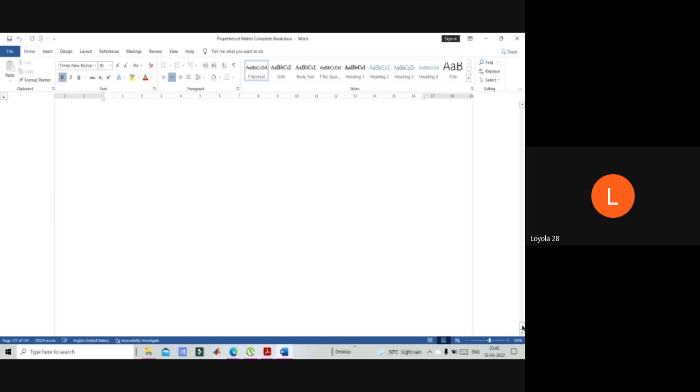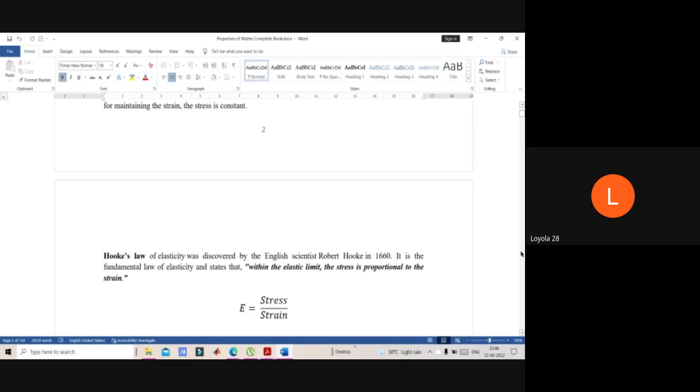So the unit is Newton per meter square. Hooke's law is the ratio of stress to strain within the elastic limit. So stress is directly proportional to strain within the elastic limit.